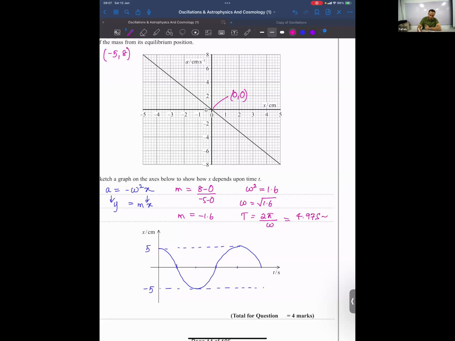I think it's close enough for us to take it as 5 seconds. So I'll take the time period here to be 5 seconds, the time taken for one complete cycle. So here the time has to be 2.5, and here the time has to be 1.25 approximately.